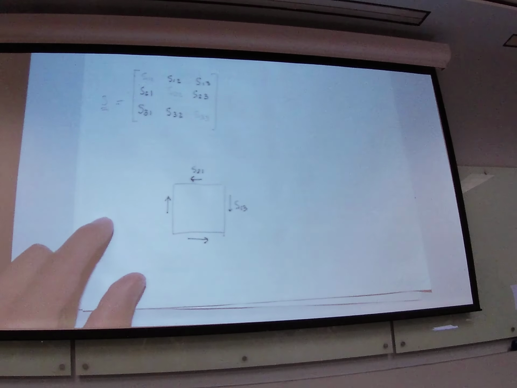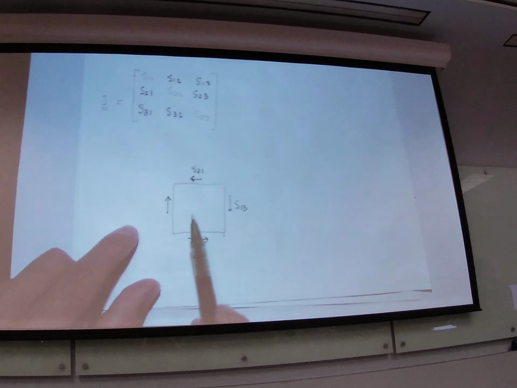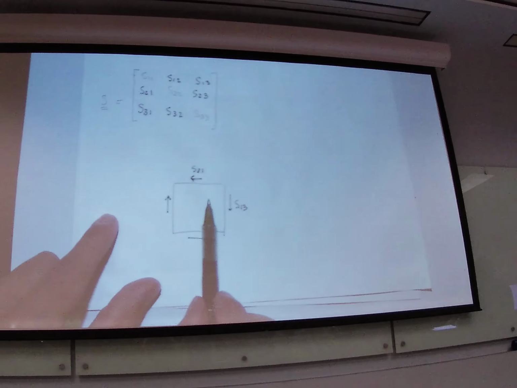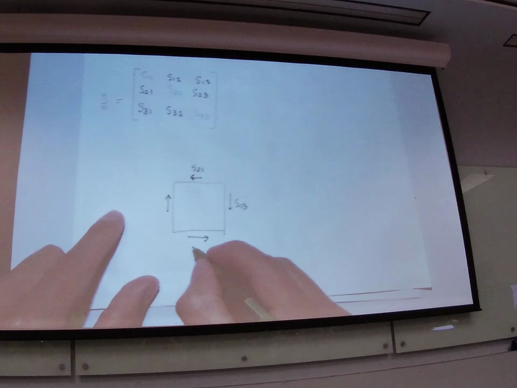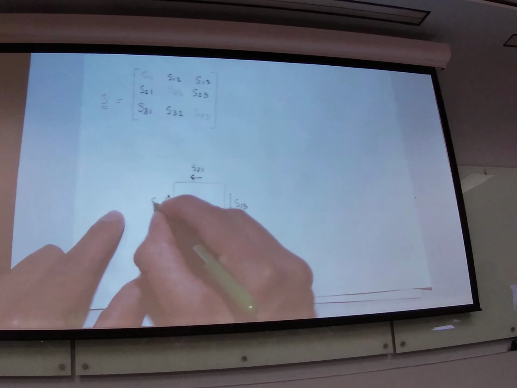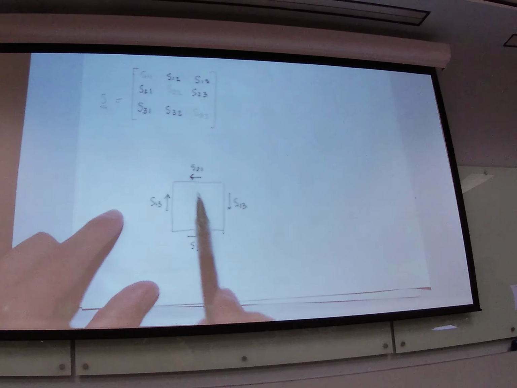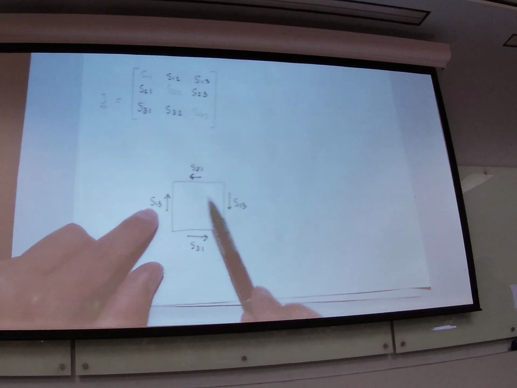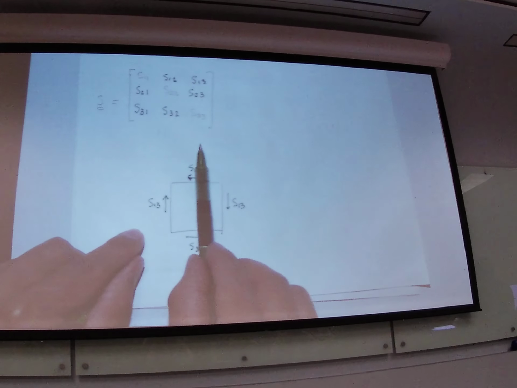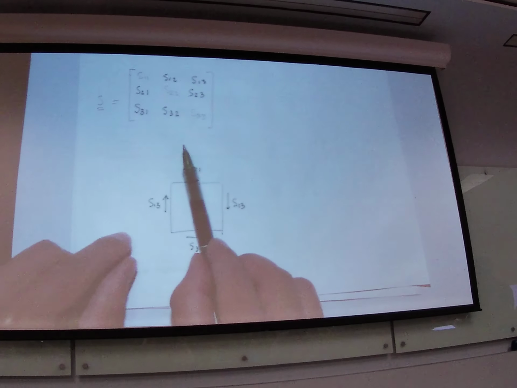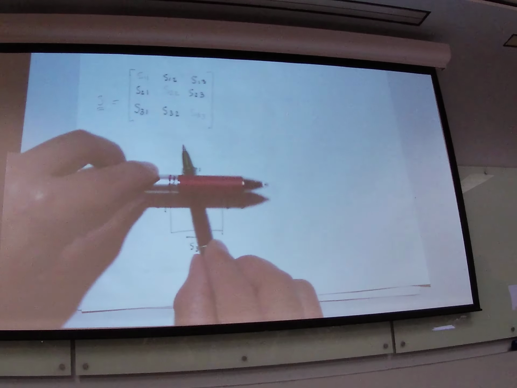Why is that? Because the torque that you're applying with this one is S31 and this one is S13. The torque that you apply in this direction has to be counterbalanced by the torque applied in this other direction. So this one tries to do this, but this one over here tries to do that.